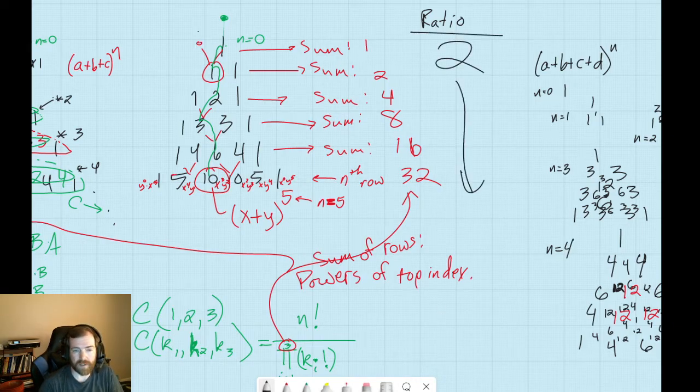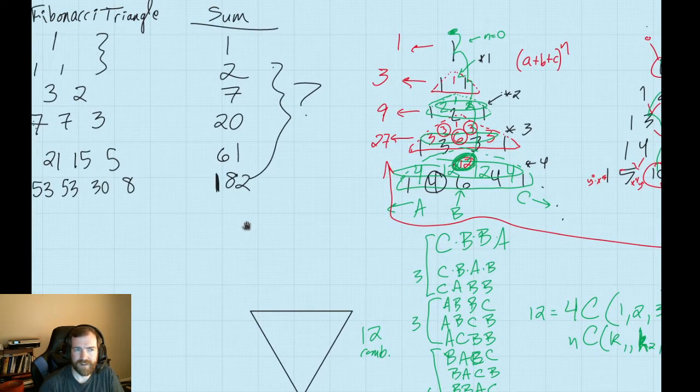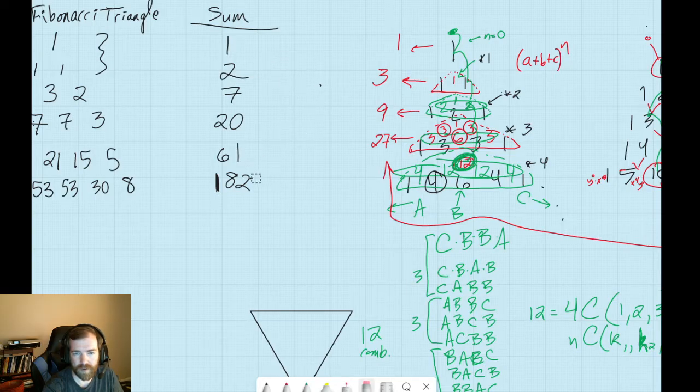So it's always going to be 2. This one's changing. So much more interestingly, what is the ratio going to be between these particular numbers?